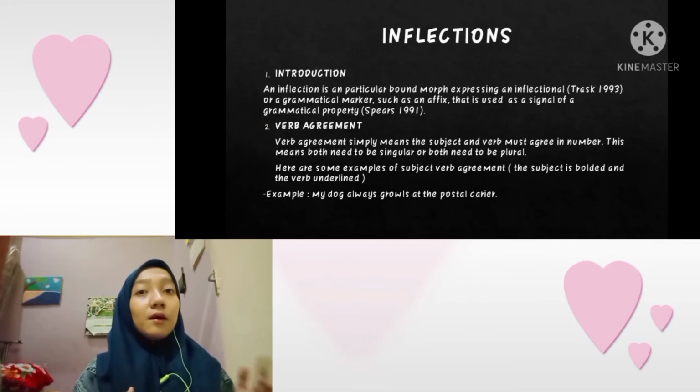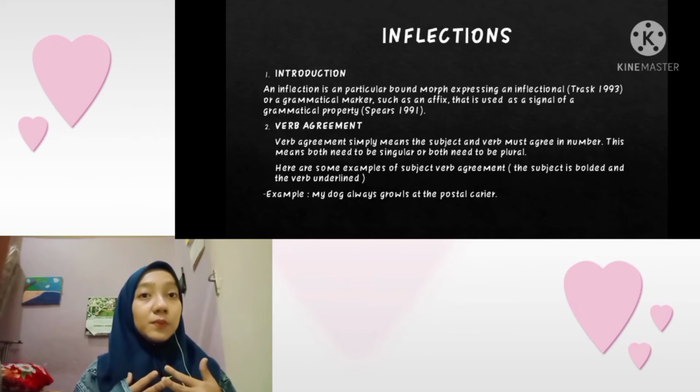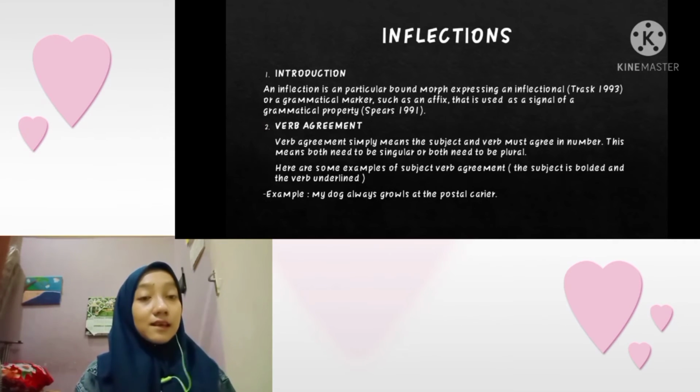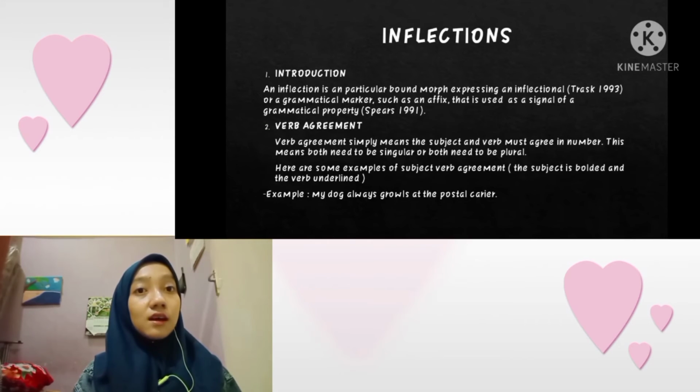This means both need to be singular or both need to be plural. Here are some examples of subject-verb agreement. The subject is bold and the verb underlined. Example: my dog always growls at the postal carrier.